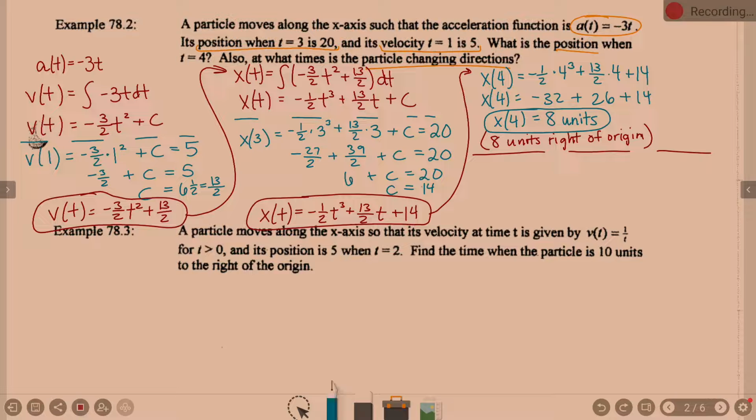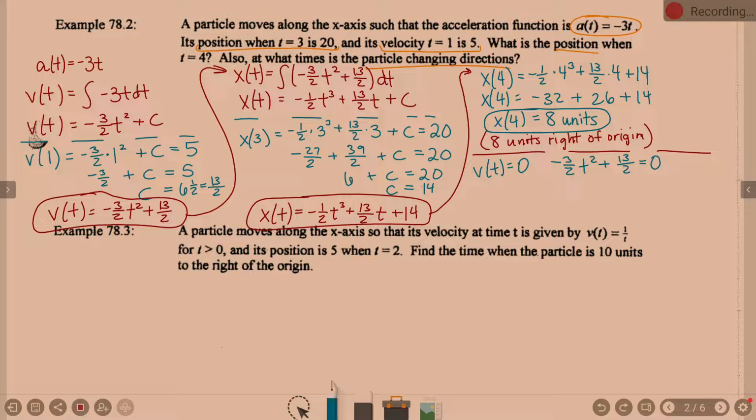So we are trying to figure out when does velocity equal 0. So what was my velocity equation? Negative 3 halves t squared plus 13 halves, set it equal to 0.